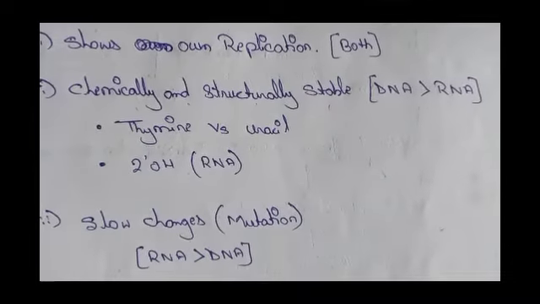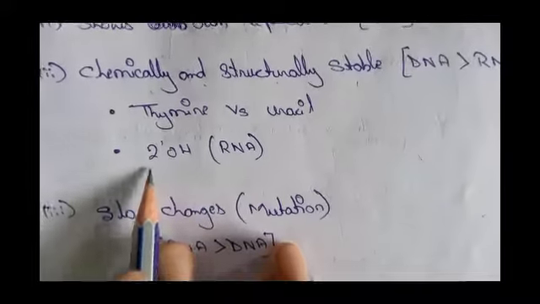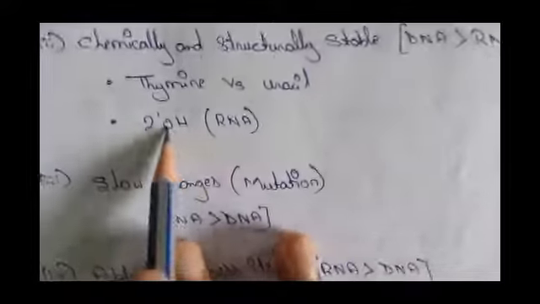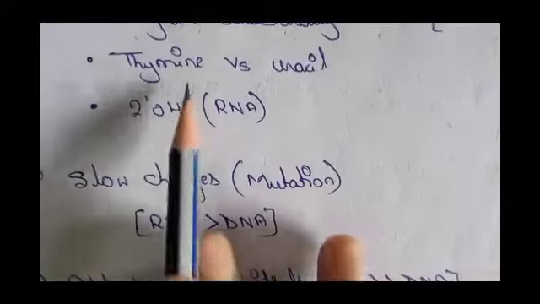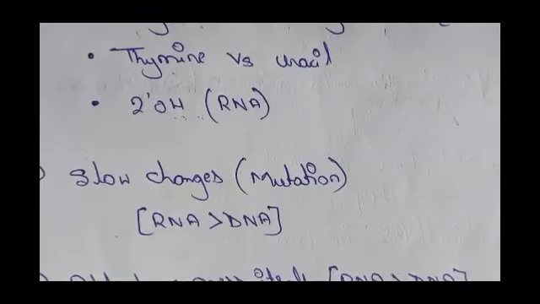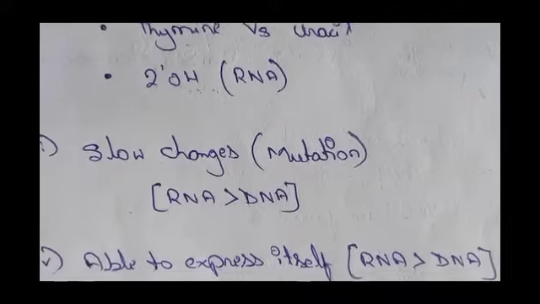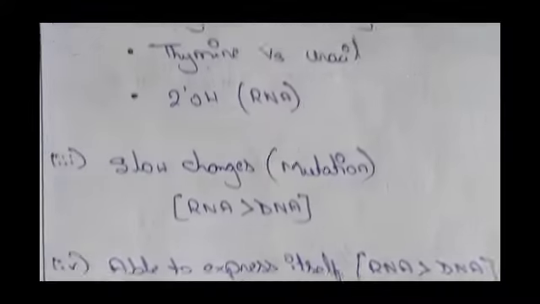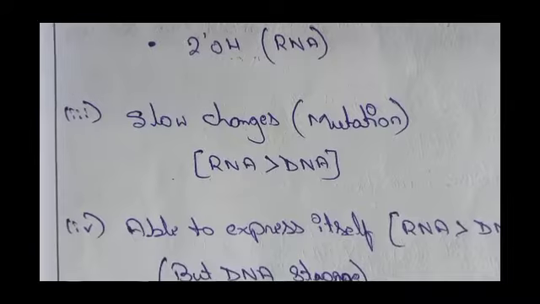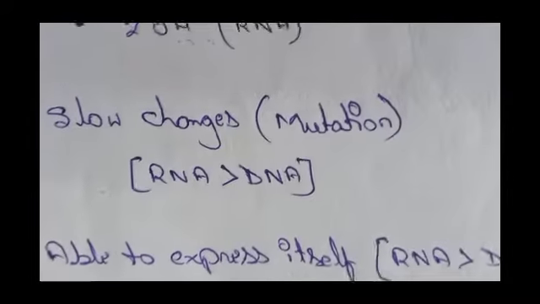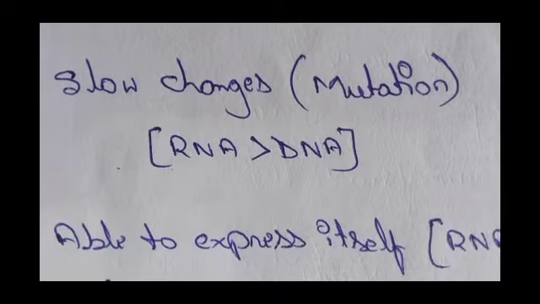DNA is chemically and structurally stable. RNA is not very stable because the 2' OH group is present in the RNA strand. Also, thymine is more stable than uracil. Uracil is present in RNA and thymine is present in DNA. If a material changes through mutation rapidly, it can't be a true genetic material.